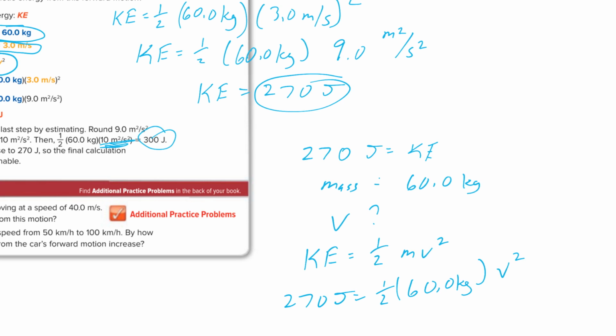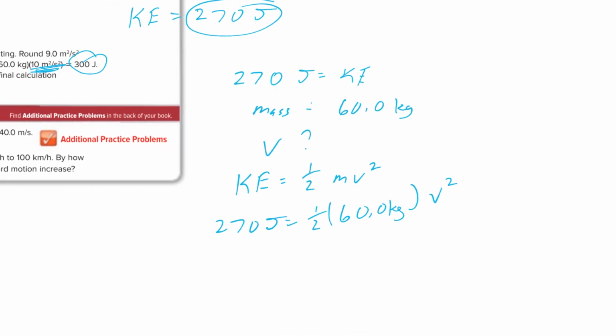So you could do some algebra here to get rid of all of this. Let's take a look at this real quick. To get rid of our 1/2, we can multiply both sides by 2. That would cancel out. Multiply this side by 2, so you end up with 270 times 2 is 540.